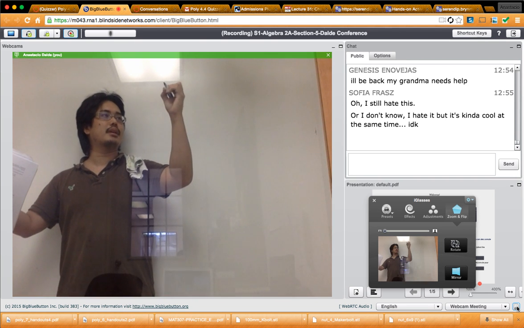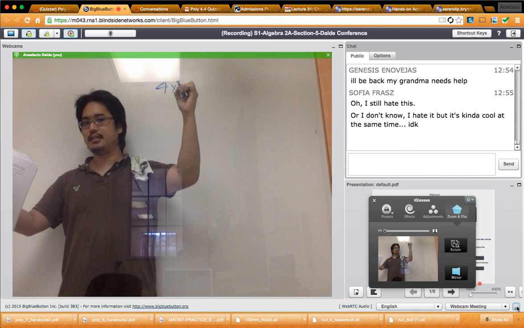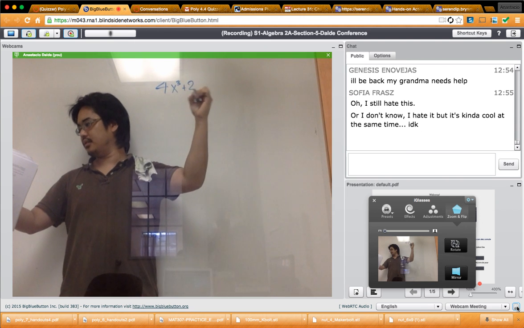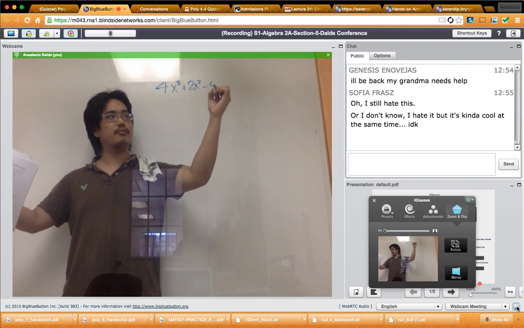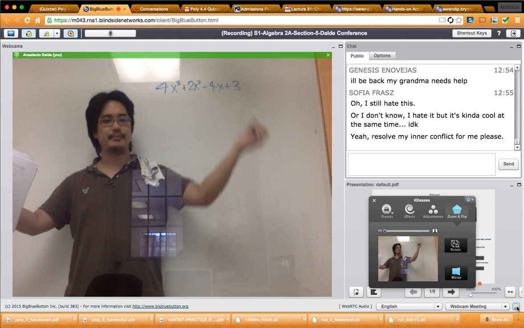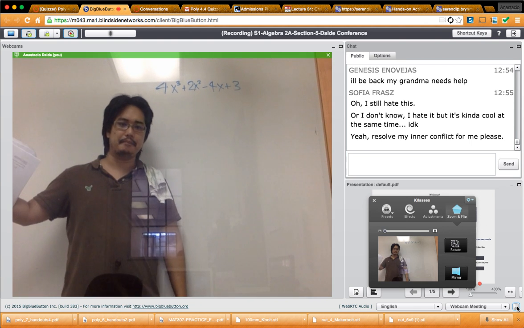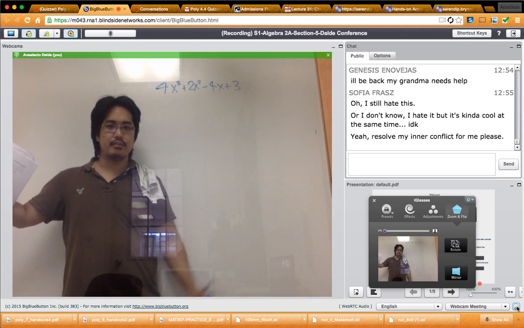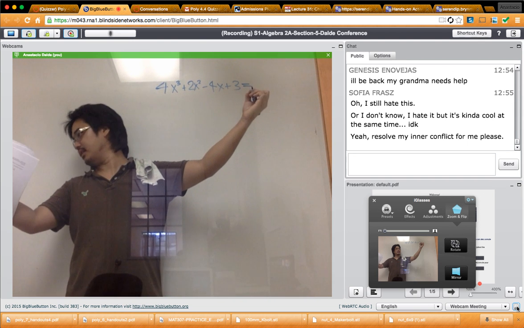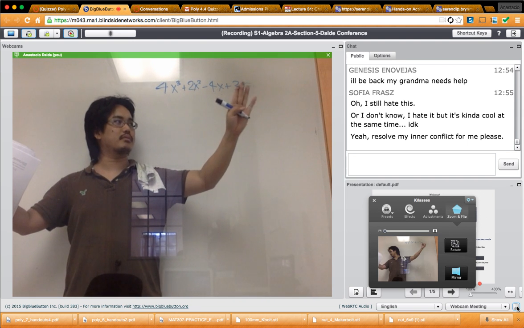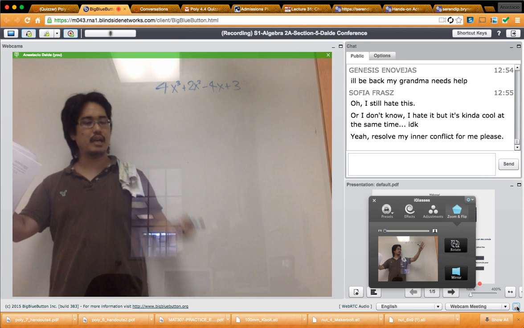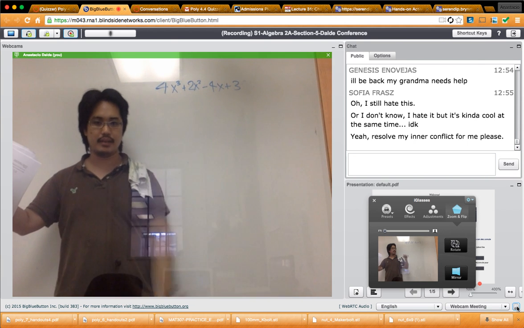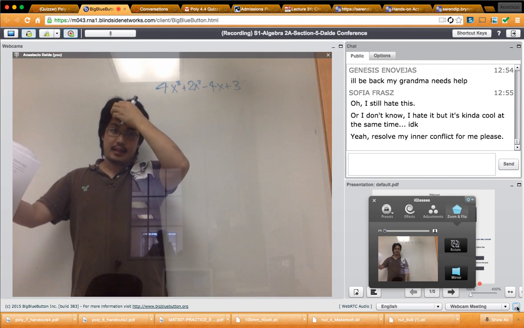I'm going to take 4x cubed plus 2x squared minus 4x plus 3. Write down the problem. It doesn't equal 0, it's just there. There's your equation. I can even say f of x equals that.